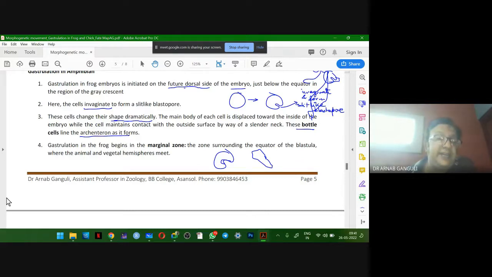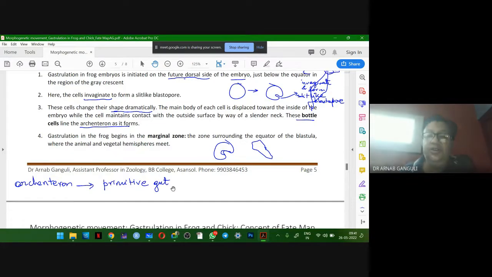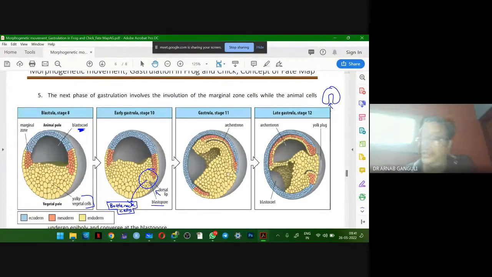What is the archenteron? This is the primitive gut. Primitive gut means stomach, alimentary canal. So you can already imagine that the primitive gut is going to be formed from here. In the next picture, you can see how the primitive gut has gone.